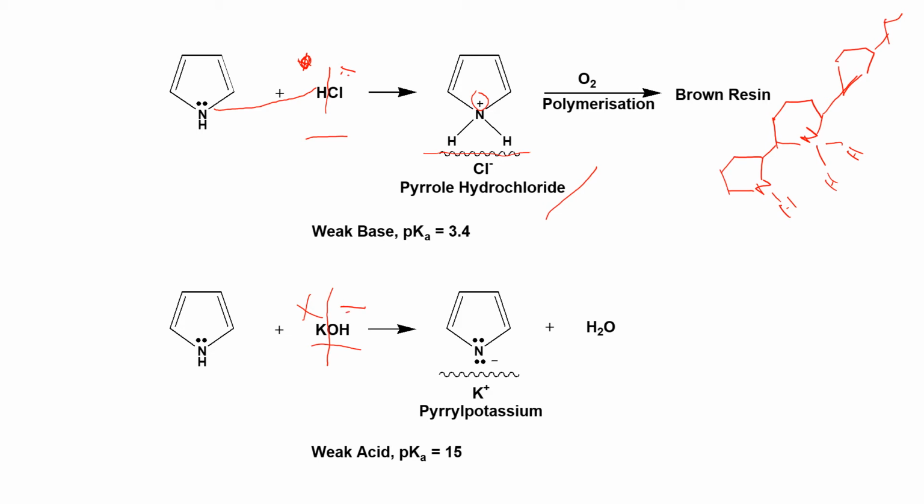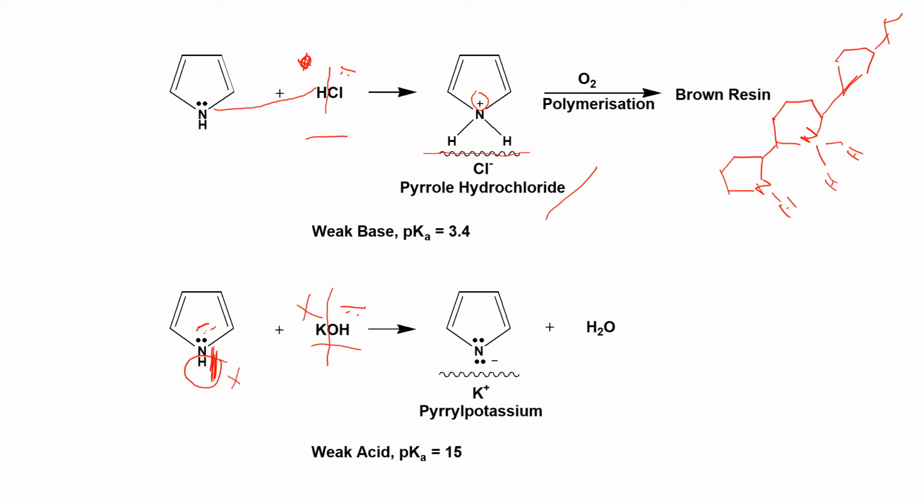And as pyrrole behaves as an acid, the acid must release a proton. We see there is a bond between this nitrogen and hydrogen, and nitrogen contains a lone pair of electrons, and due to its high electronegativity it can withdraw the bonding electron between nitrogen and hydrogen, and after withdrawing the bonding electron, hydrogen will become positive and this nitrogen will become negative.